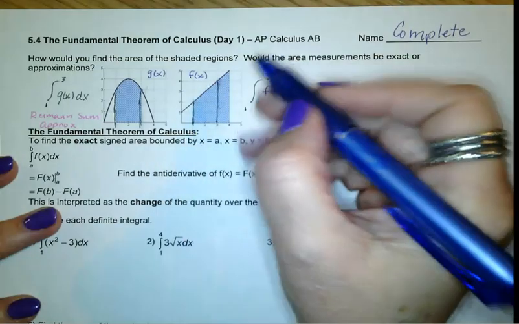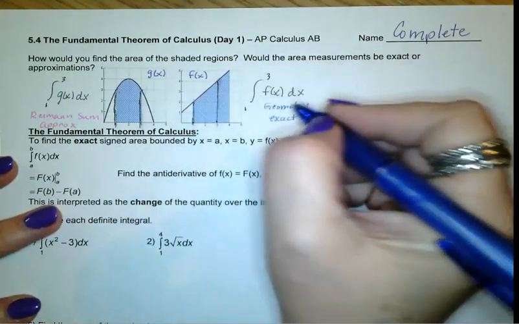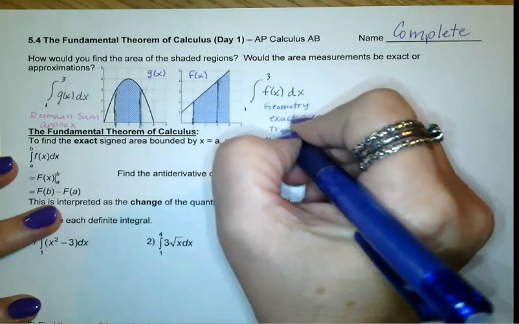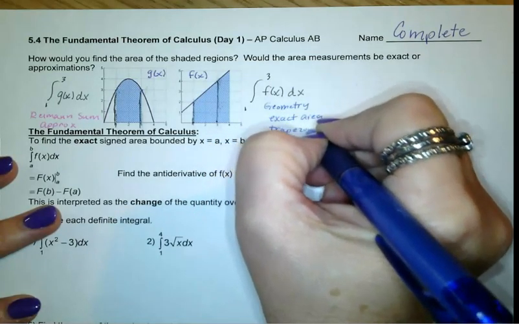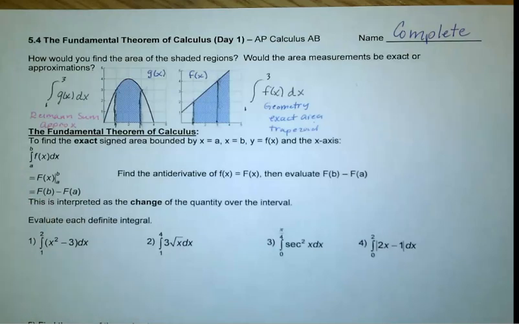What is this shape when I drew my line here? I turned it into a trapezoid, and we have an area model that we can use to find the area under a trapezoid. So finding the area with geometry, if you have a specific shape, is going to be exact.